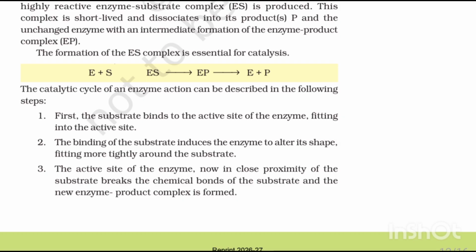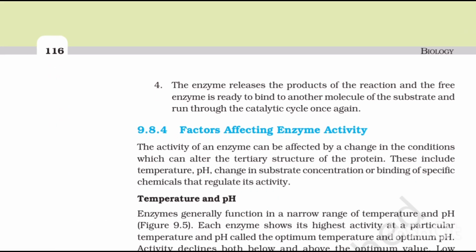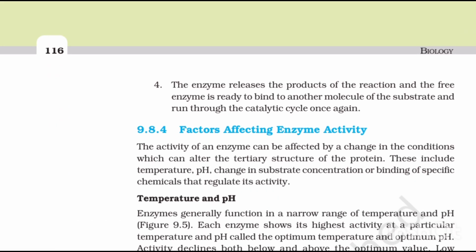Step 3: the active site of the enzyme, now in close proximity to the substrate, breaks the chemical bond of the substrate and the new enzyme-product complex is formed. Step 4: the enzyme releases the product of the reaction and the free enzyme is ready to bind to another molecule of the substrate and runs through the catalytic cycle once again.